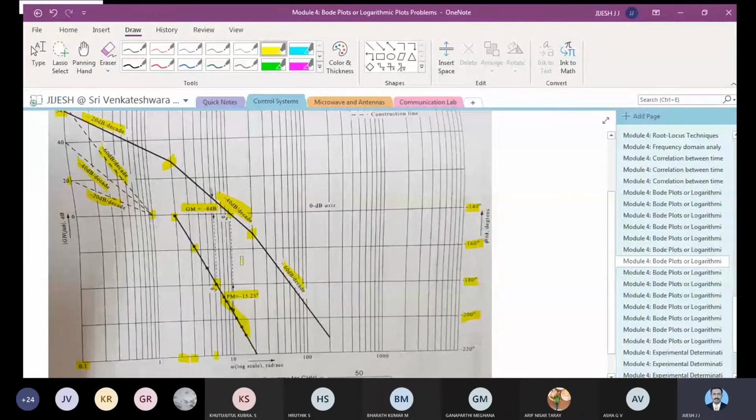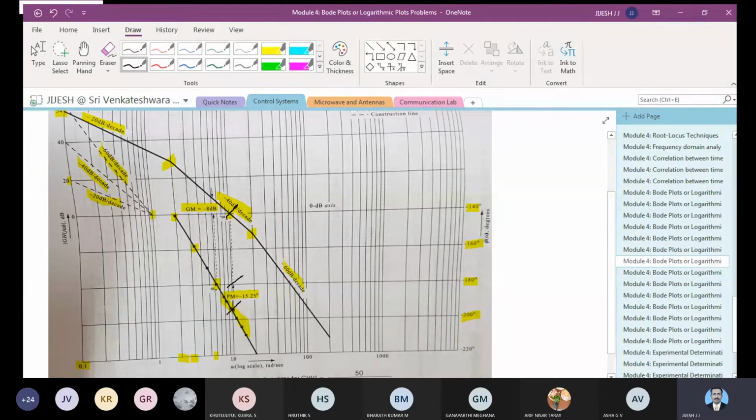To find out the phase margin, what you have to do is, where the magnitude crossover is there, from this you need to extend the line downwards, and you will get this difference. As I have told you, from this crossover you have to extend dotted lines, and you can see that this difference is generated between the 180-degree line and this point.